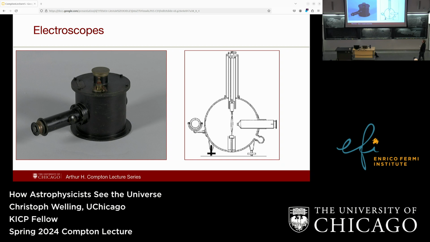Then you have a microscope here where you can see it, and what you watch is basically how quickly does this move back together. So how quickly can the charge move out of this little metal strip, because that tells you how conductive the air is, and that tells you how much radiation there is.